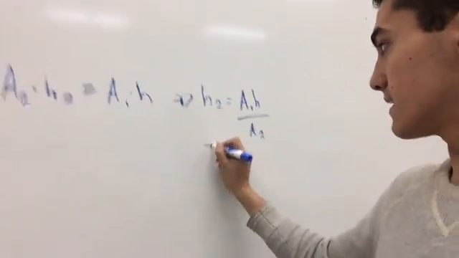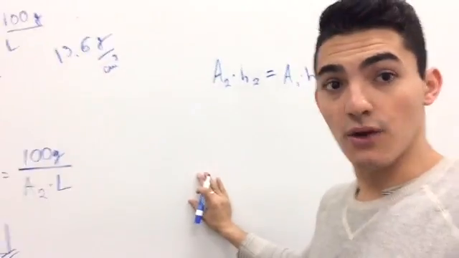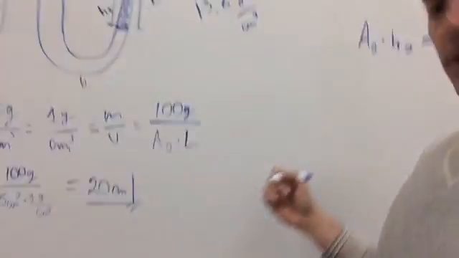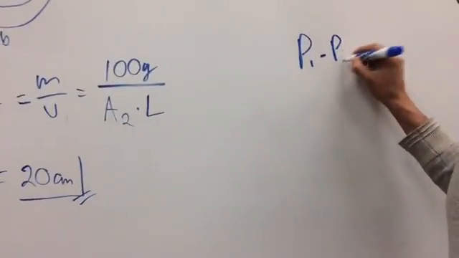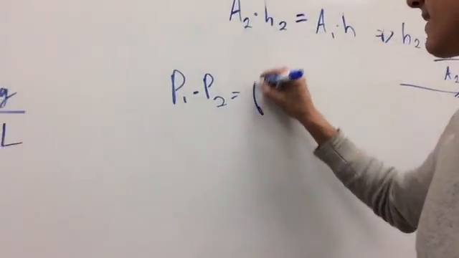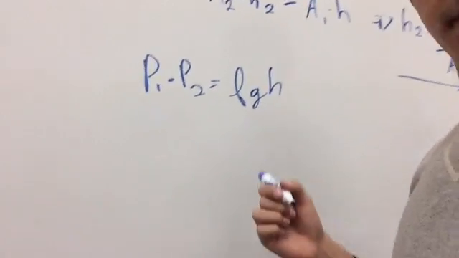Then we can leave this for a moment and continue here using our formula for pressures. Okay? So we know that pressure 1 minus pressure 2 equals the density times gravity times the height.